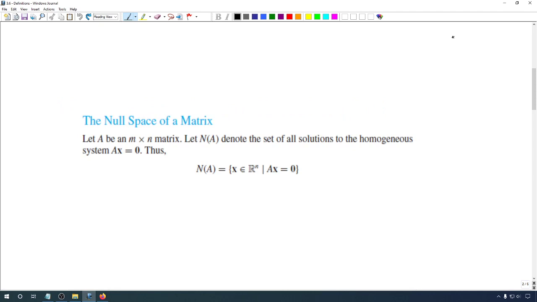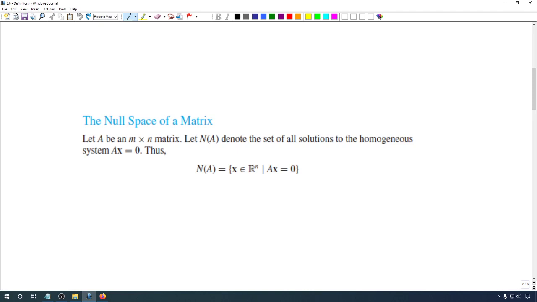In 3.6, we are going to talk about various ways to obtain subspaces of Rn from a particular matrix. We've been talking about vector spaces and subspaces, but now we are going to take a step back and look at matrices again and see what subspaces are associated with any given m by n matrix. As you can see on the screen, we have already seen one way of doing so, the so-called null space of a matrix.